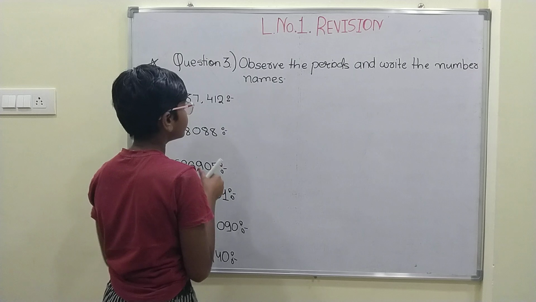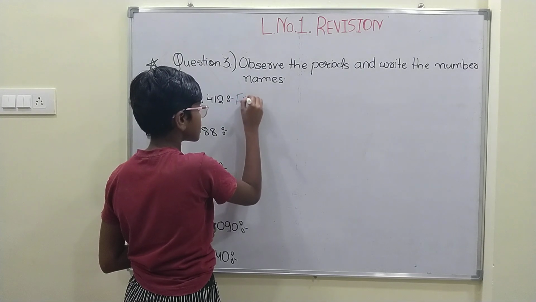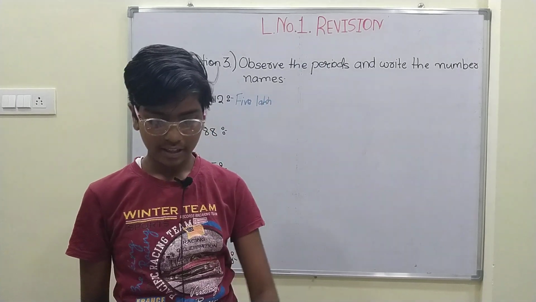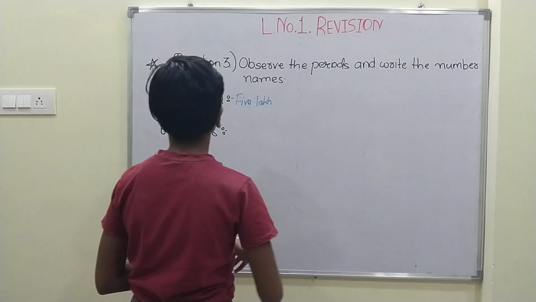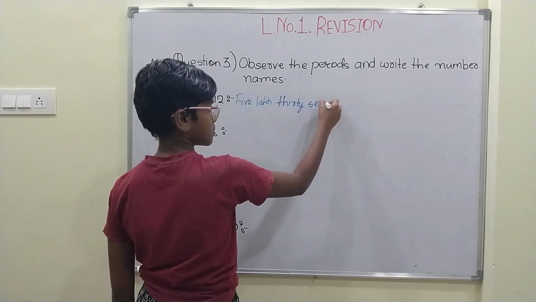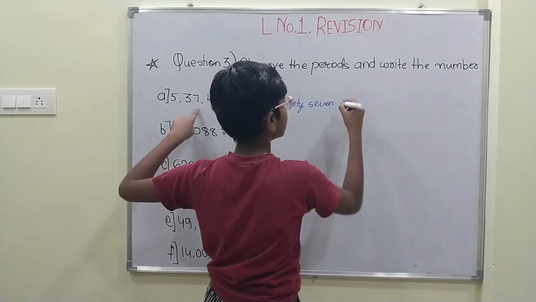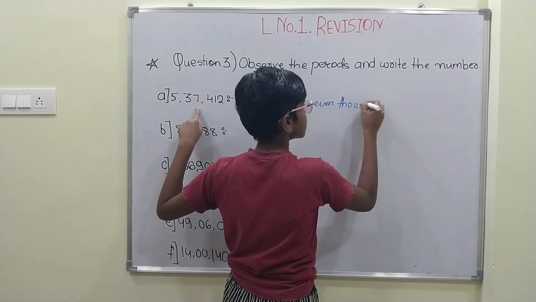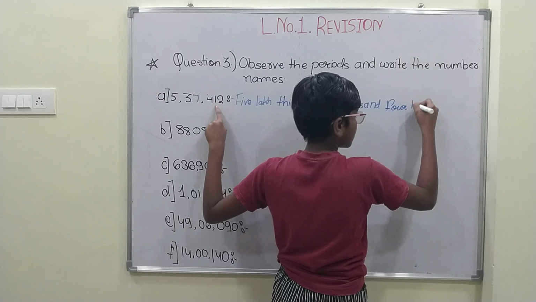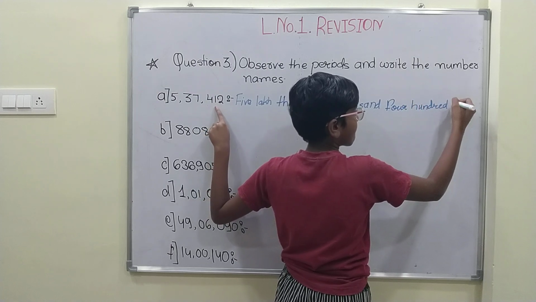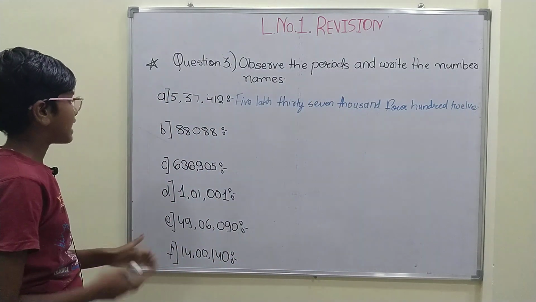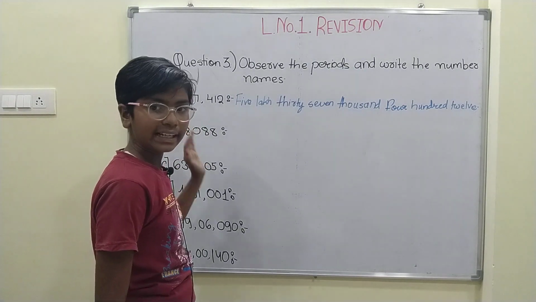So, 5 lakh. Next, 37,000. 412. Okay. Next, 88088.